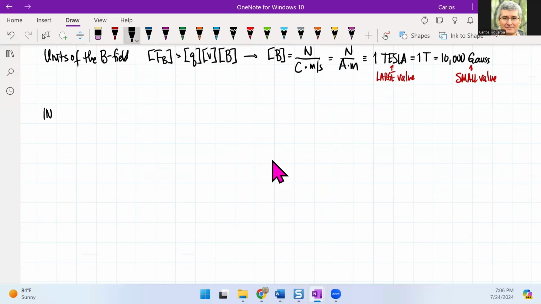So we want to look at the interpretation of the magnitude of the B force.